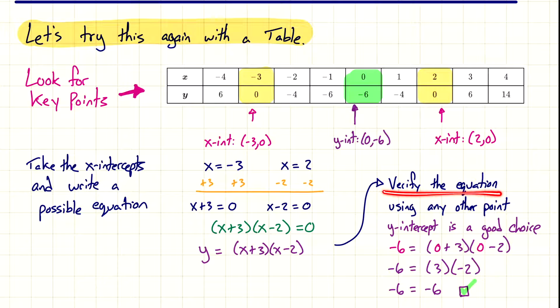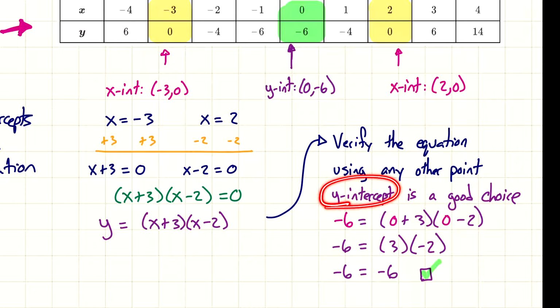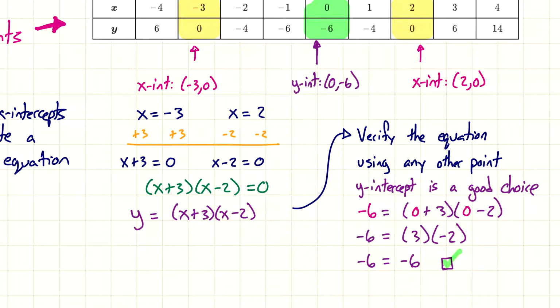All right, so let's verify the equation by plugging in a point. And a good one to plug in, I think, is the y-intercept, mainly because it has a 0 in it. It's a lot easier to do calculations. So instead of y equals, let me label this.